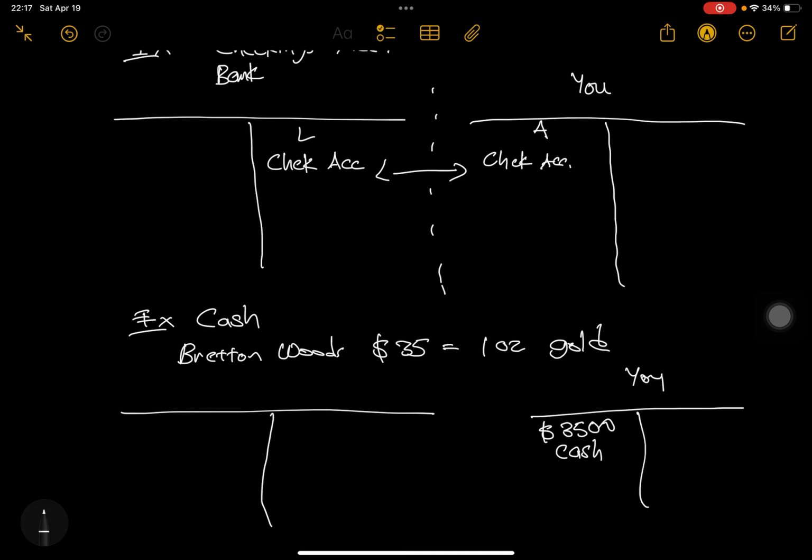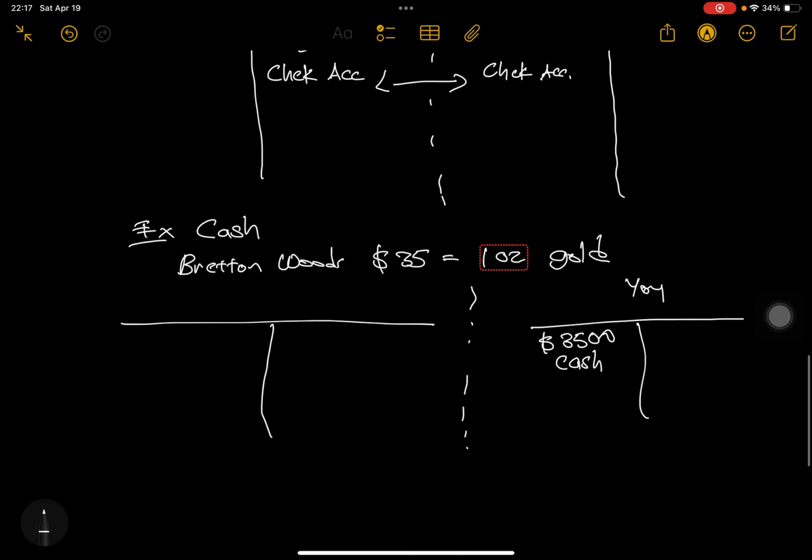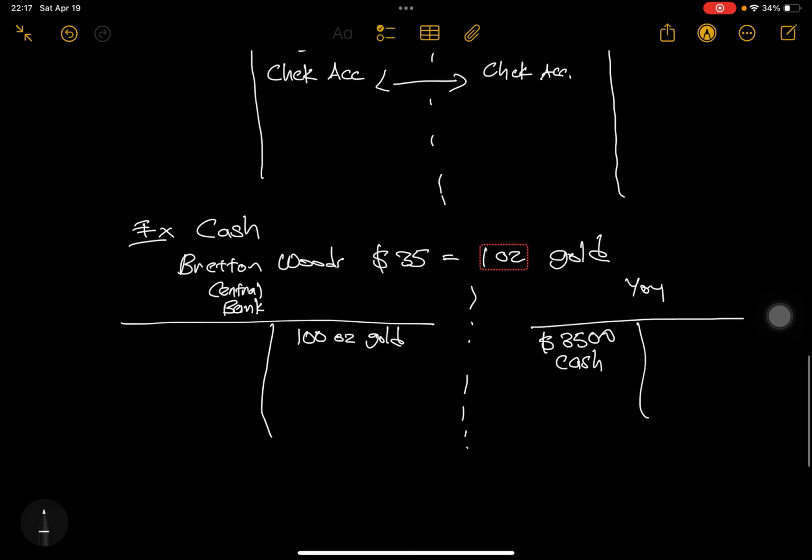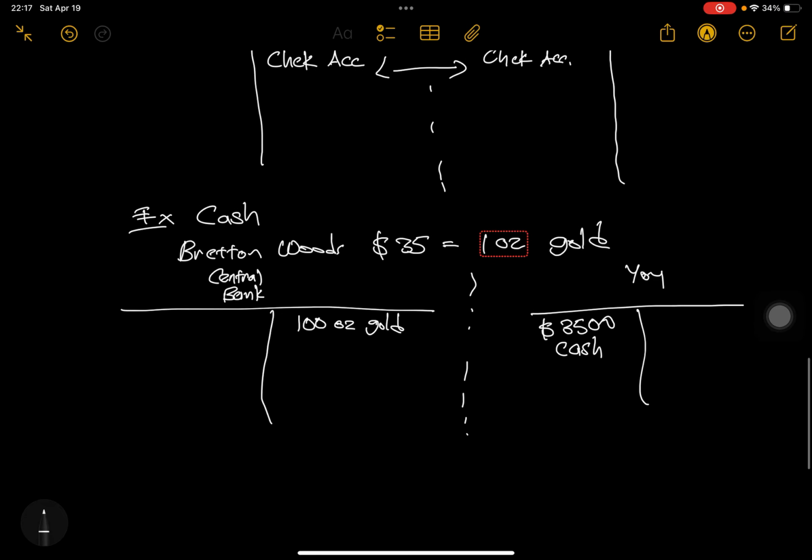And what this looks like is the central bank would need to have 100 ounces of gold. And that's how it was, but Bretton Woods ended, and there is no gold convertibility anymore.